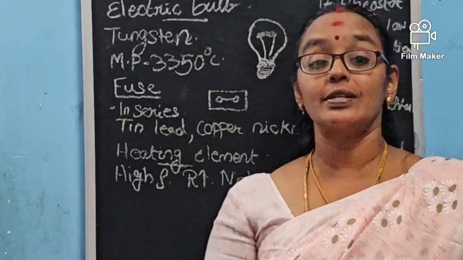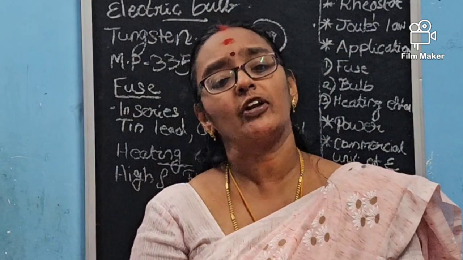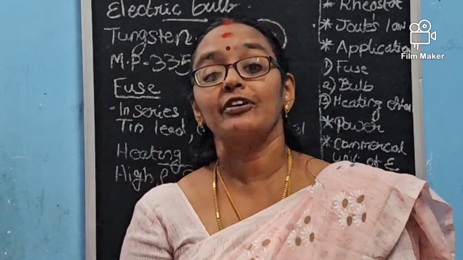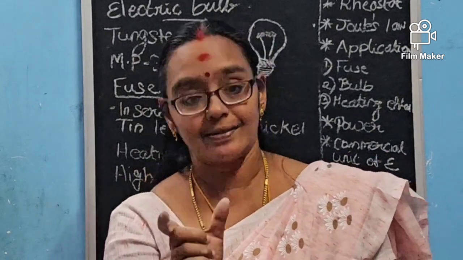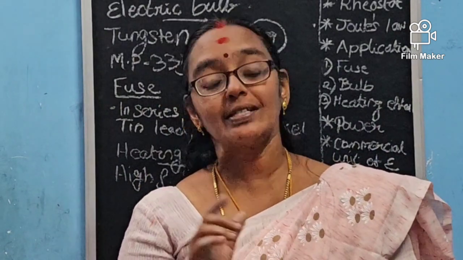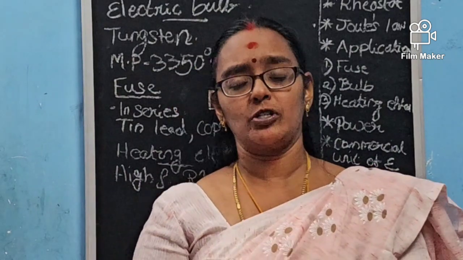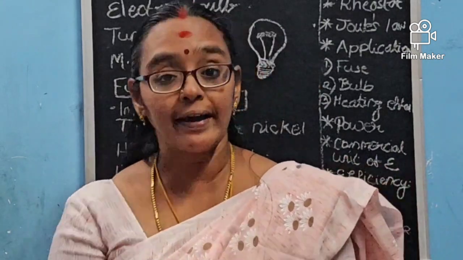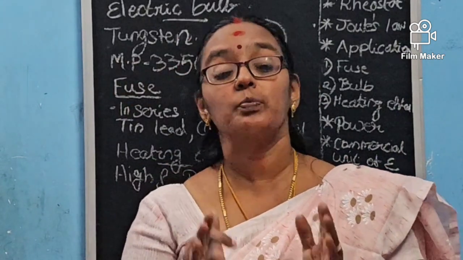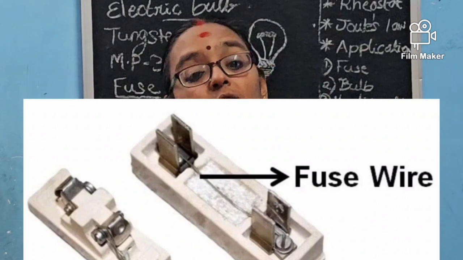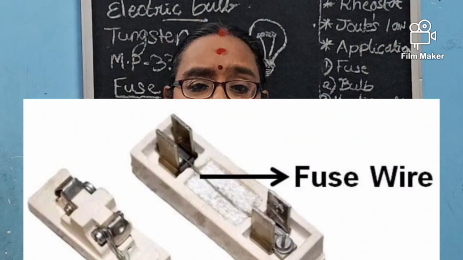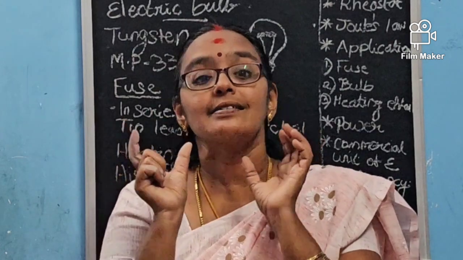Now we are going to see about the fuse. What is the specialty of the electric fuse? It is made of metals or alloys having a very low melting point. So when a high electric current is passed through, this alloy will melt. What happens? The electric circuit will be broken.